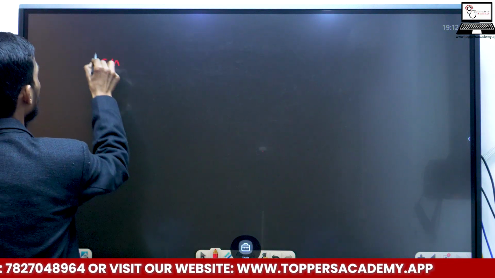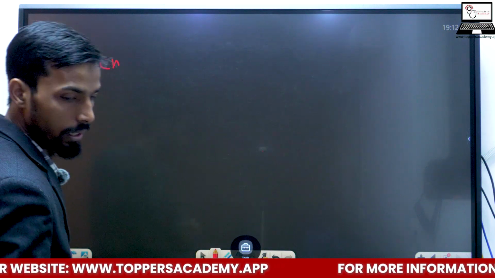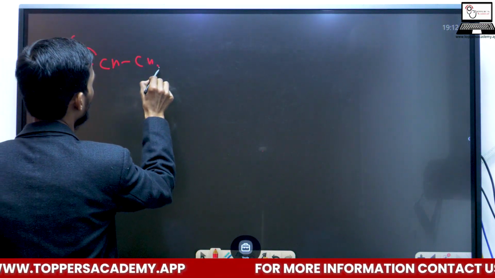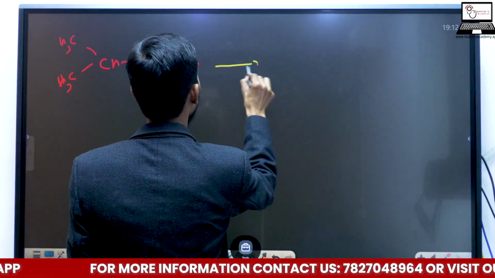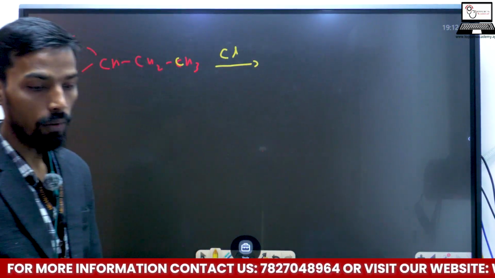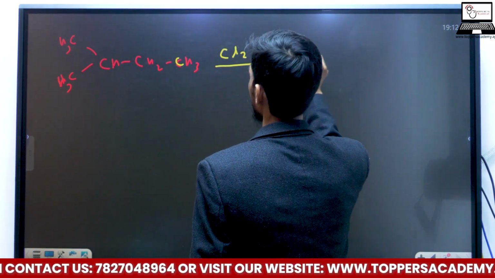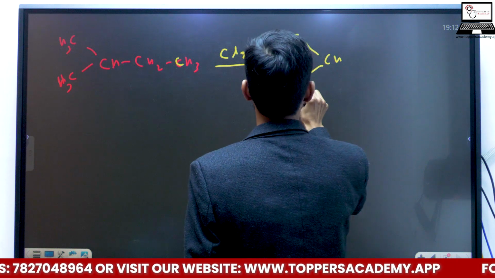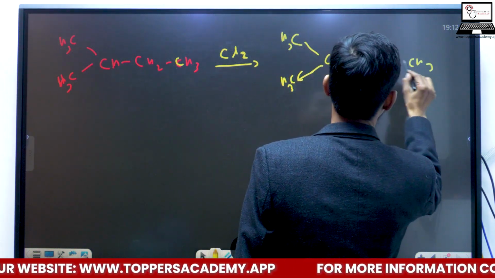So the last example we are going to discuss, and then we will finalize this, will be CH single bond CH3 and CH3, and then we will take CH2 single bond CH3. In this case, we will see the reaction proceeding in the presence of Cl2, CH3 CH single bond CH3 single bond CH2 single bond CH3.